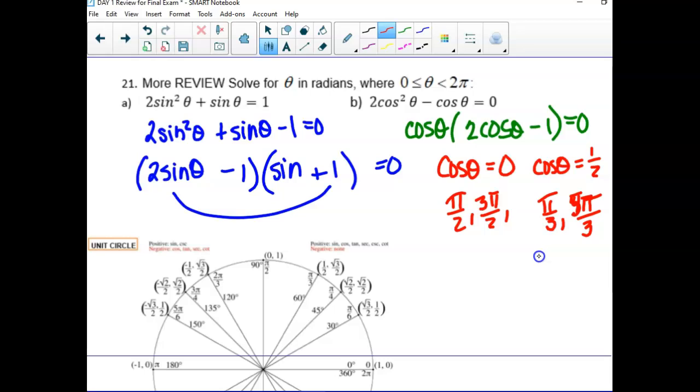Say it again? Yeah. I was just going back, sorry. I don't know, doing it in a weird order. This would be pi over 6 and 5 pi over 6. And the sine is -1 would be down at 3 pi over 2. Did I do those right, guys? No mistakes?